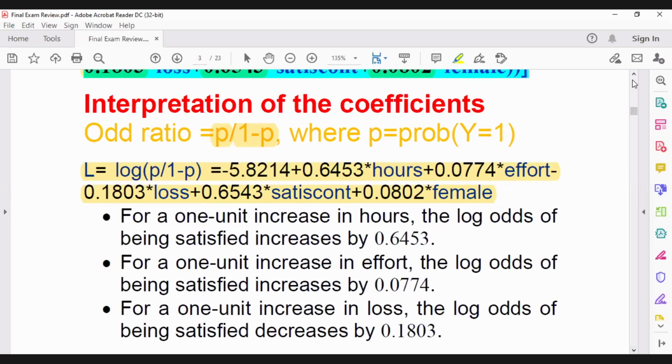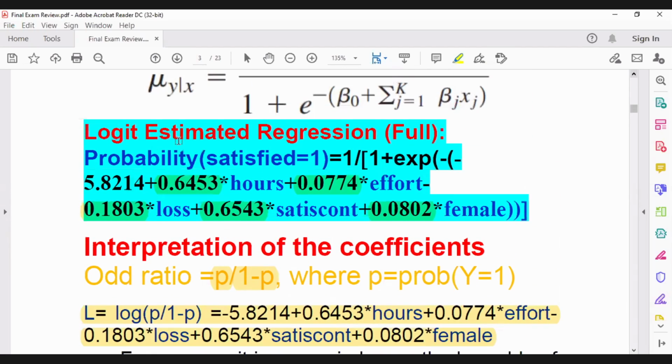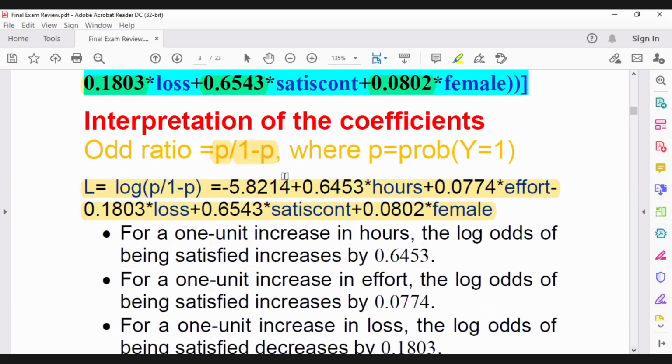So this is the logistic estimated equation, and this is the linear form, which we got by applying log to both sides of the equation.